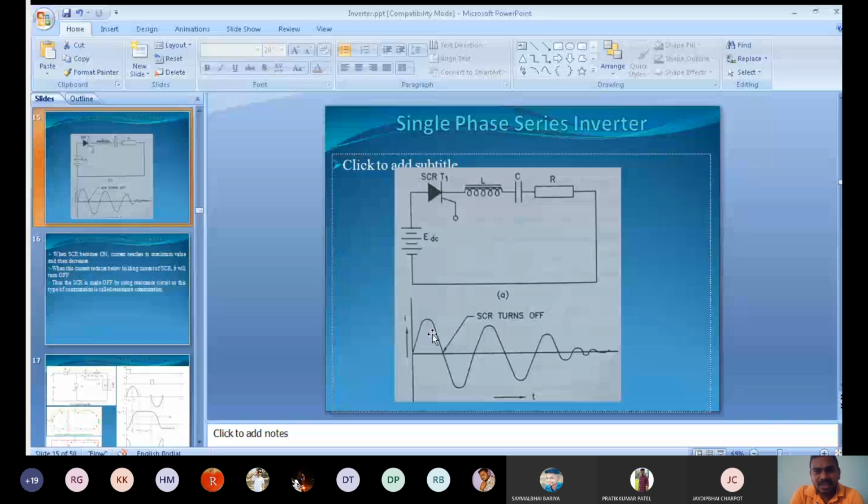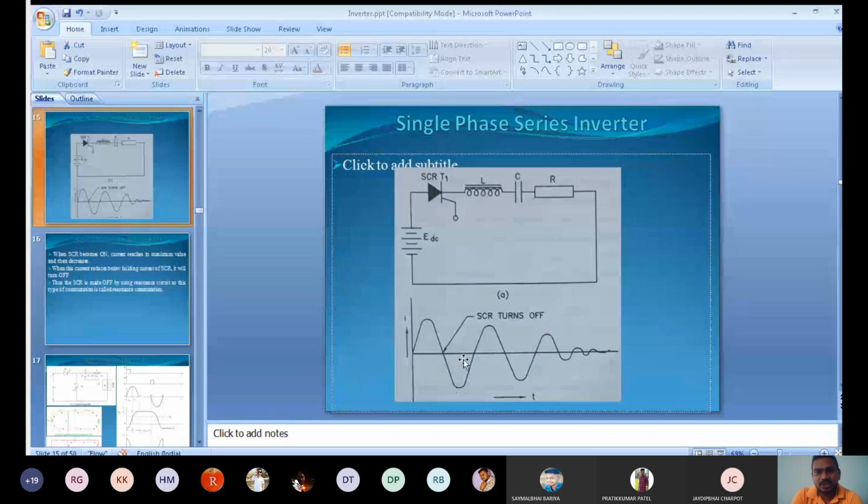As soon as the current becomes 0, the SCR T1 becomes off automatically. Due to this RLC resonance circuit we are getting such a waveform of the load current.